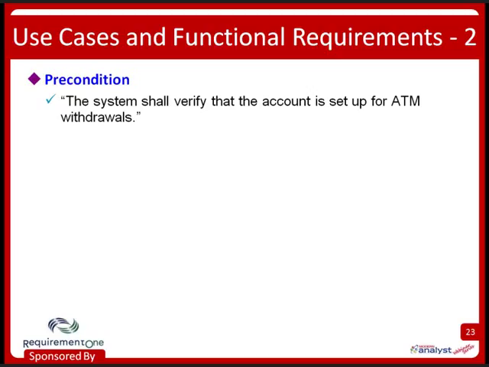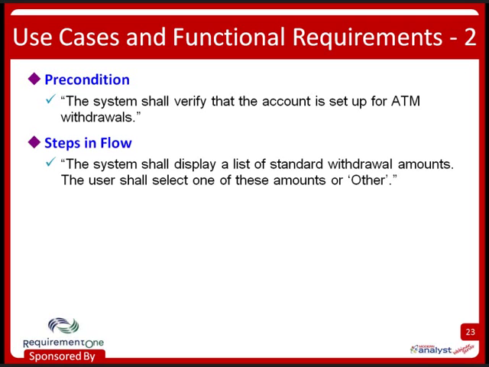So we need to figure that out. We need to communicate and derive functional requirements to say, what do you do if a precondition isn't satisfied? So maybe one requirement is the system shall verify that the account is set up for ATM withdrawals, but we would have another one that would say, and what if it's not? What do we do?